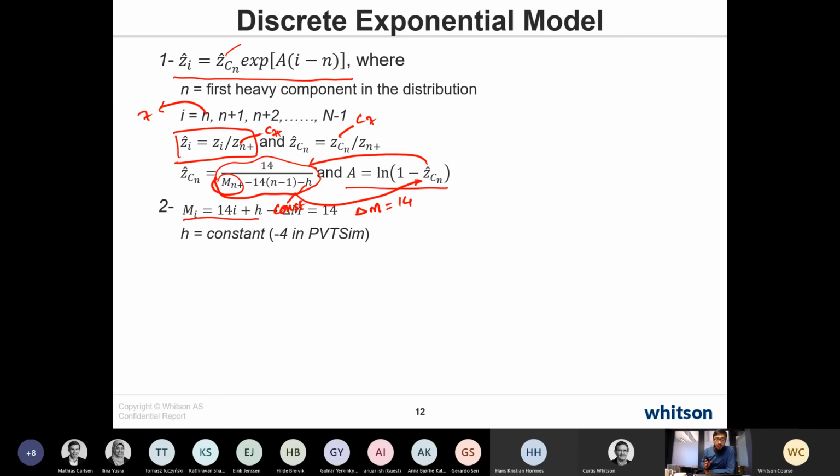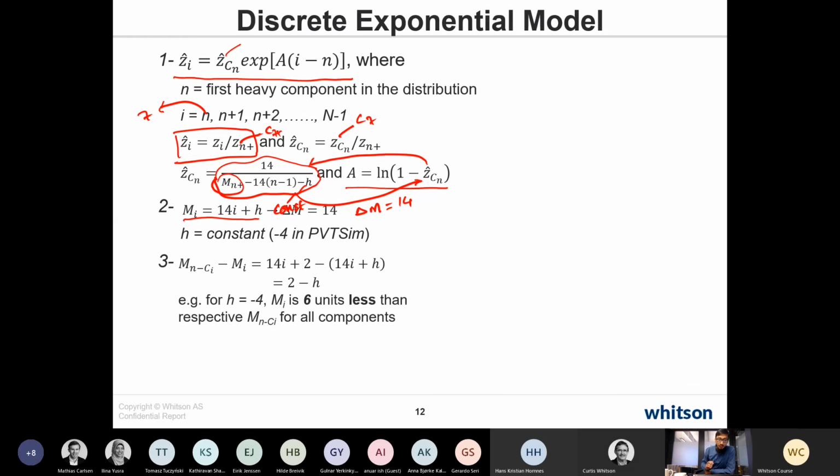And what H is actually suggesting, if we take this expression: this is the normal paraffin molecular weight of carbon number I, and this is the average molecular weight of carbon I. So we know the normal paraffin molecular weight for any carbon I is given by this.